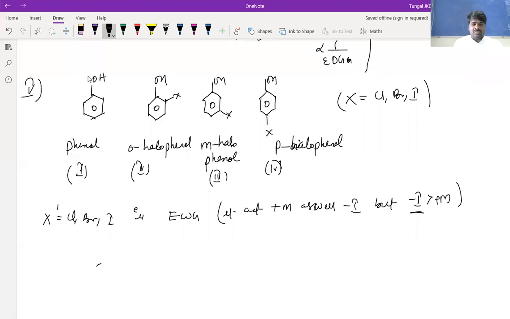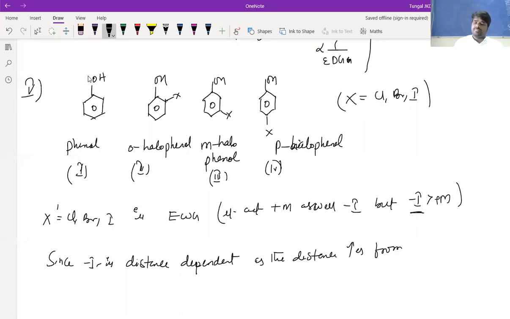See, I told you, since minus I is distance dependent, as the distance from the hydroxyl group increases, electron withdrawing nature decreases.